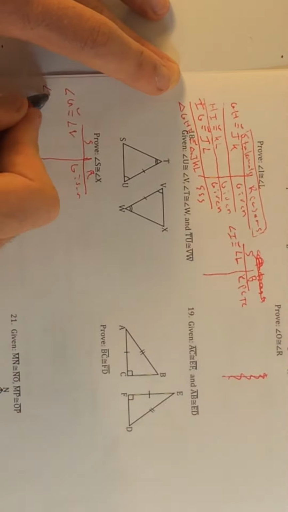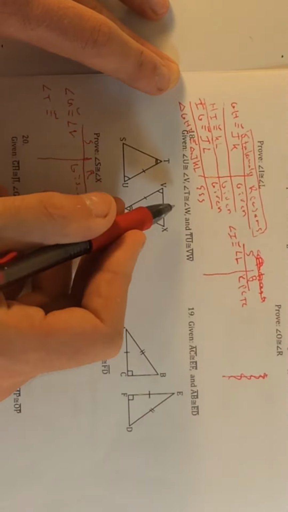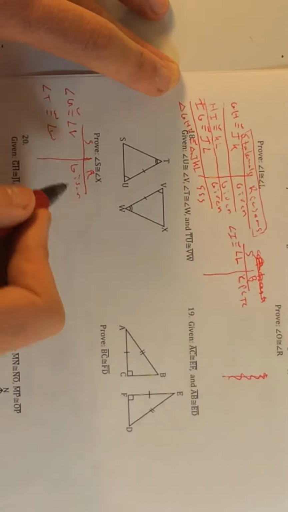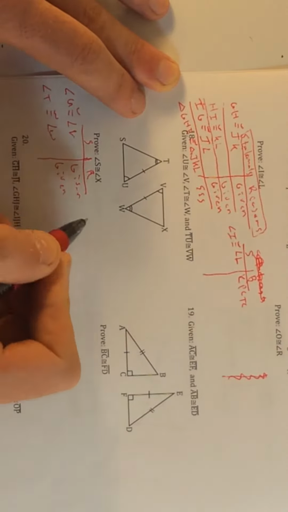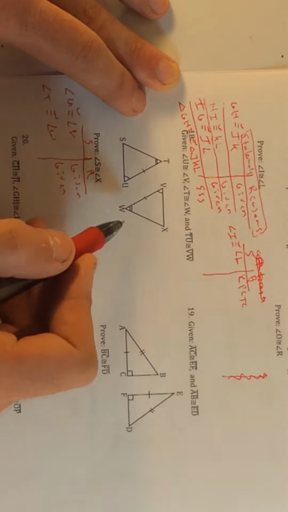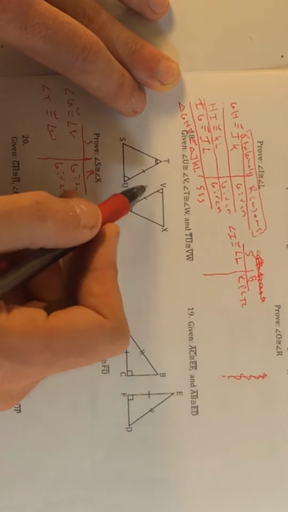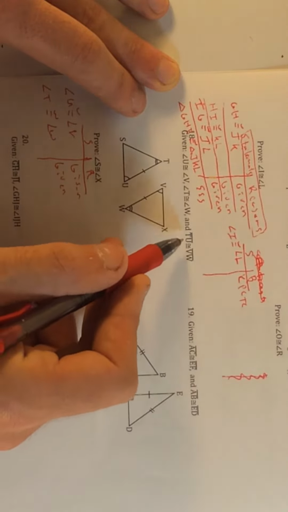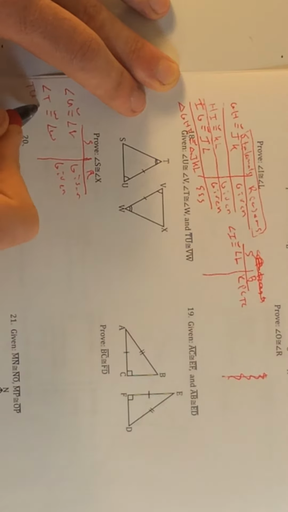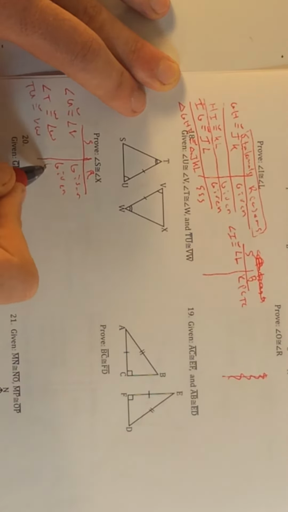And angle T was congruent to angle W. This was also given. Both of these were labeled already on your chart. And line segment TU was congruent to line segment VW, so that's also labeled. TU is congruent to VW, also given.